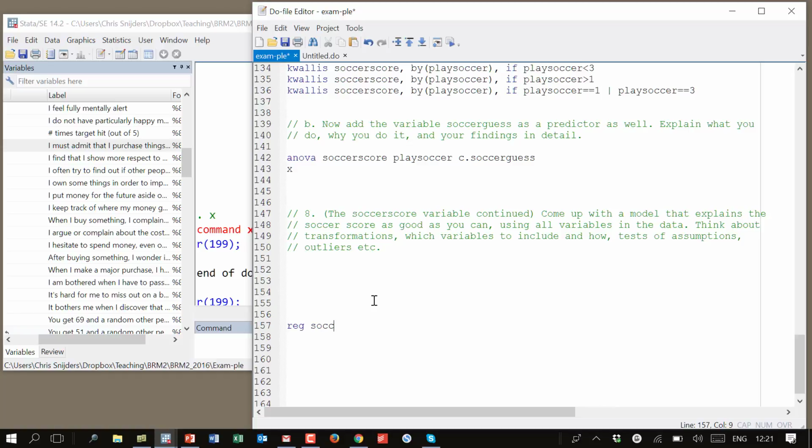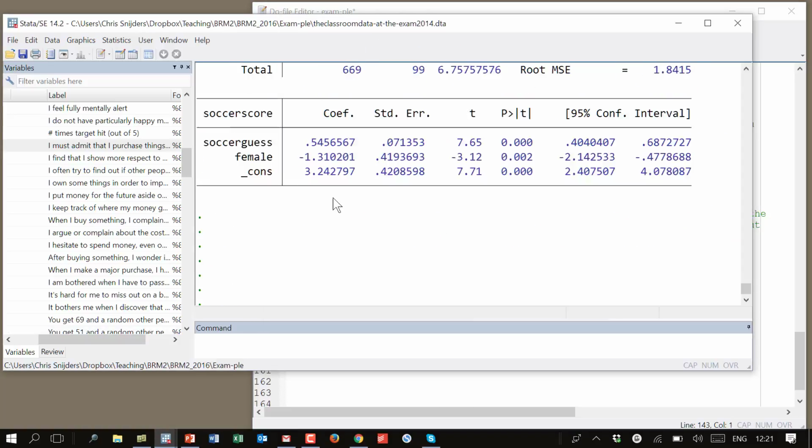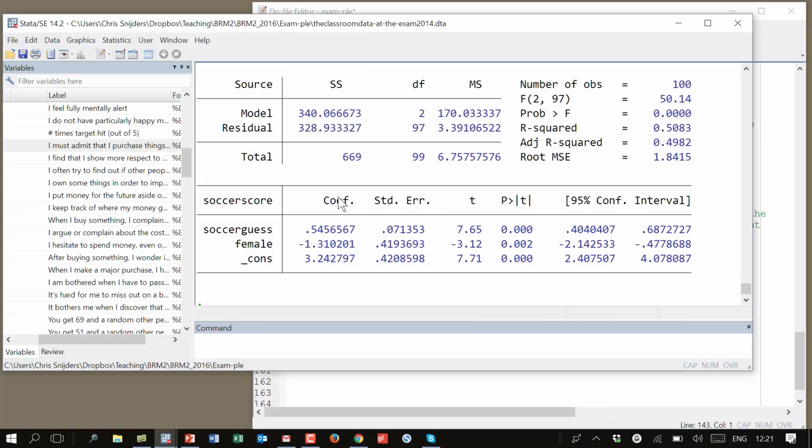Regress. Okay, so I'm just taking something here. So I'm running a regression here, trying to predict that soccer score again from the guess that's working and from female. So apparently female score lower here on the soccer quiz.